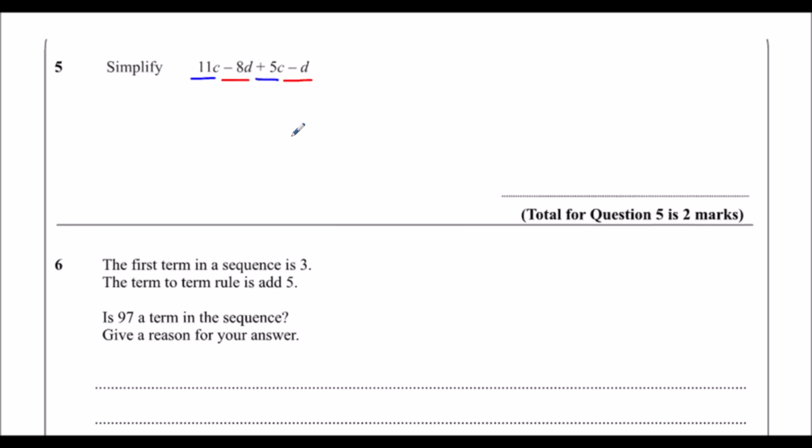Whenever you've got D by itself, that means you've got one of them, 1D. So we've got 11C's plus 5C's. 11 and 5 makes 16. And we've got negative 8, take away 1. Negative 8 down another 1 goes to negative 9. So minus 9D.